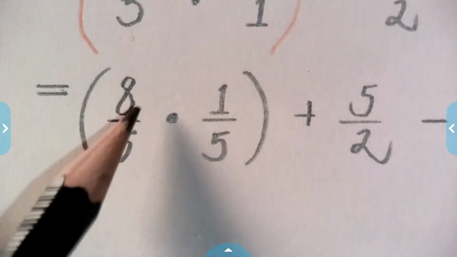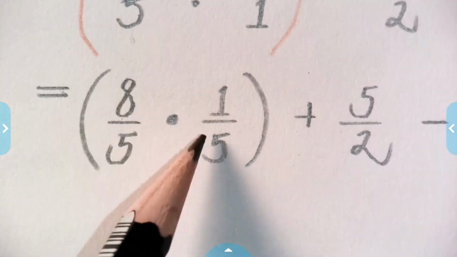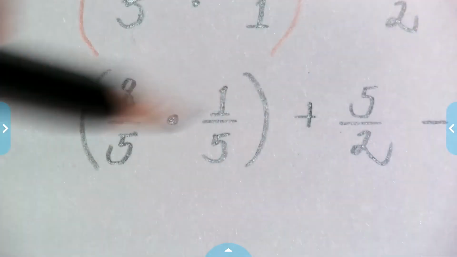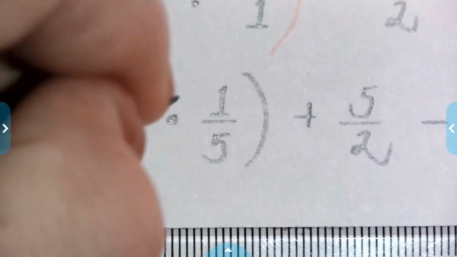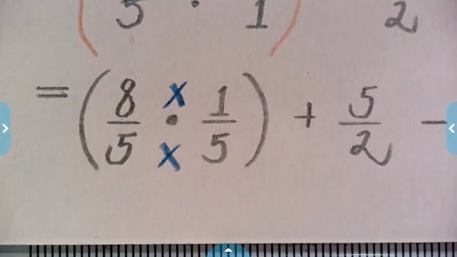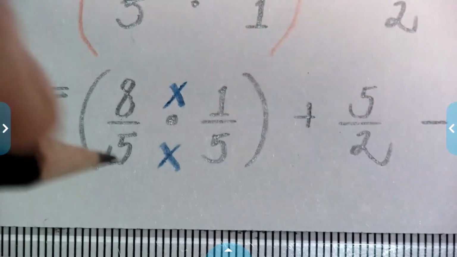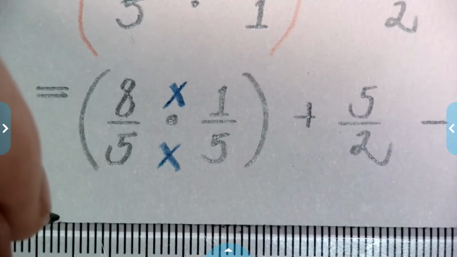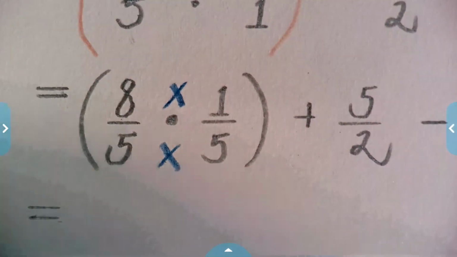And now I'm going to take a look. Remember, diagonal, 8 and 5, no common factors. 1 and 5, nothing I can do there. So we're just going to multiply across the top, and we're going to multiply across the bottom. And we can drop the parentheses now. Well, 8 times 1 is 8.